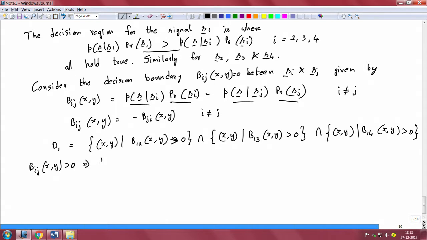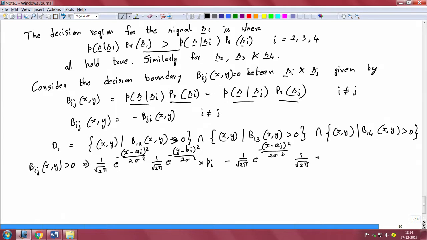So, we have 1 by root 2 pi e power minus x minus ai whole square by 2 sigma square times 1 by root 2 pi e power minus y minus bi whole square by 2 sigma square times probability of Si is pi, minus the similar terms for Sj: e power minus x minus aj whole square by 2 sigma square times 1 by root 2 pi e power minus y minus bj whole square by 2 sigma square times pj is greater than 0.